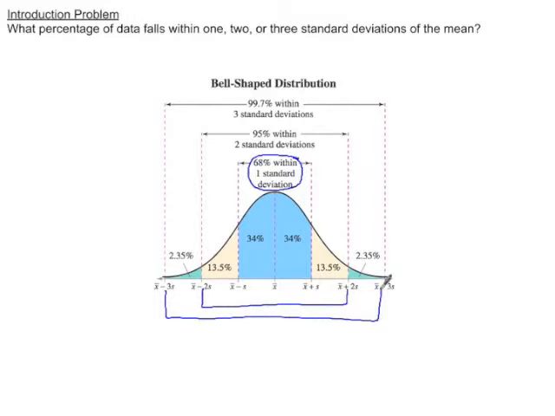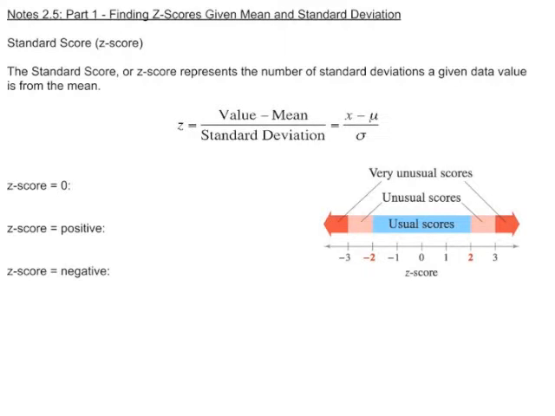So once we go out 2 standard deviations of the mean, looking at this one right here, we have the majority, nearly all of our data values right there within 2 standard deviations of the mean. So when we move on to this section and looking at the standard score, the z-score, we're going to stick with that idea where most of our data set falls within 2 standard deviations of the mean.